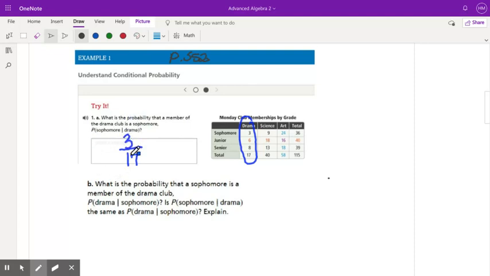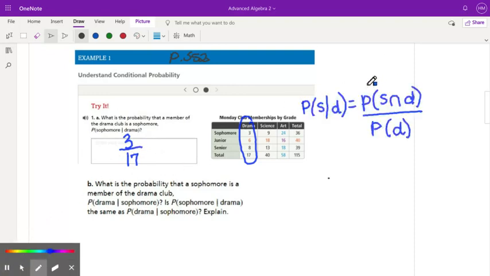That's pretty easy. Now, let me show you what it would look like with the formula. Setting the formula up, I would need to find the probability that I have a sophomore and drama student and divide that by the probability that the student is in drama. Let's see those numbers. The probability that a student is a sophomore and in drama is 3 out of 115.